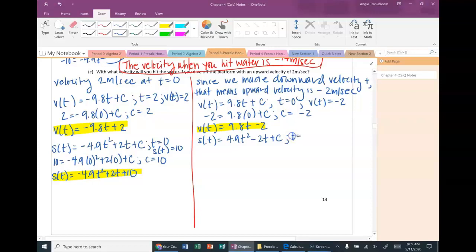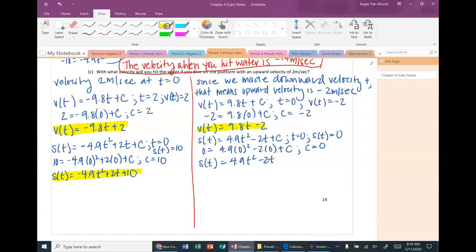So, at time equals 0, our position of the diving board is 0. So, 0 equals 4.9 times 0 squared minus 2 times 0 plus c. This tells me everything is 0. So, our position on this right side is 4.9 t squared minus 2t plus 0, but why would you want to write that?